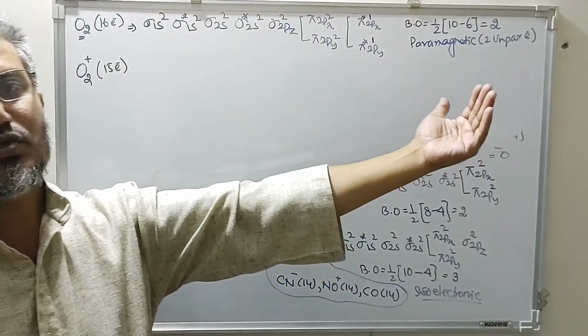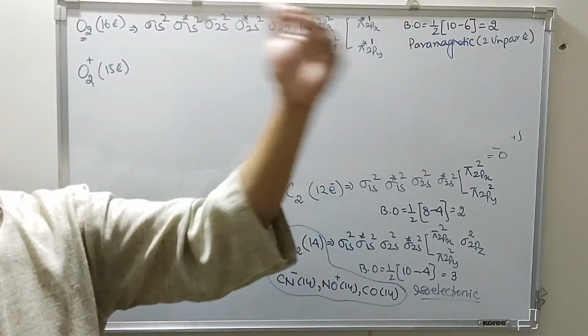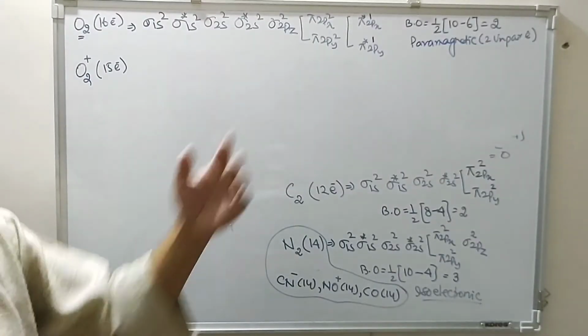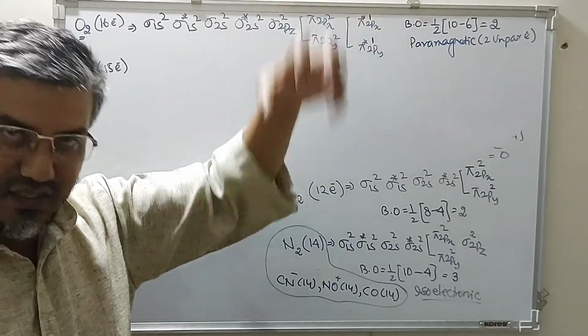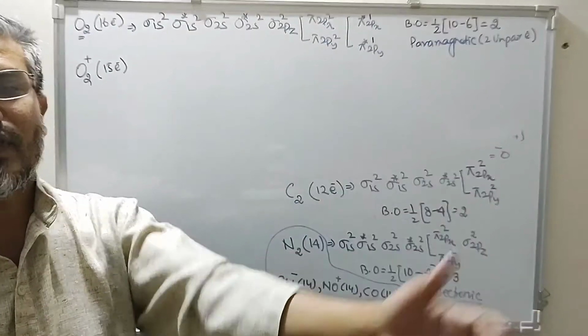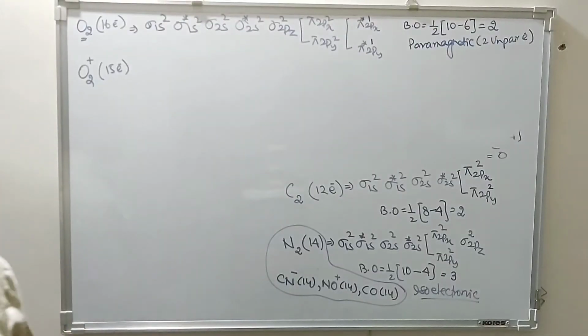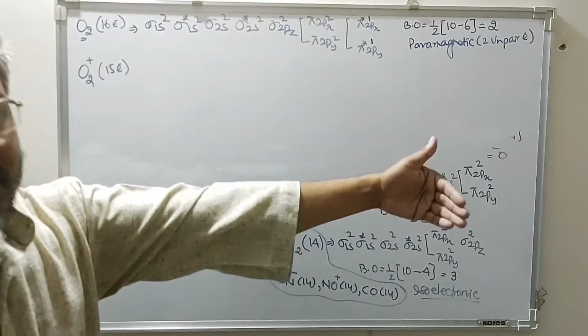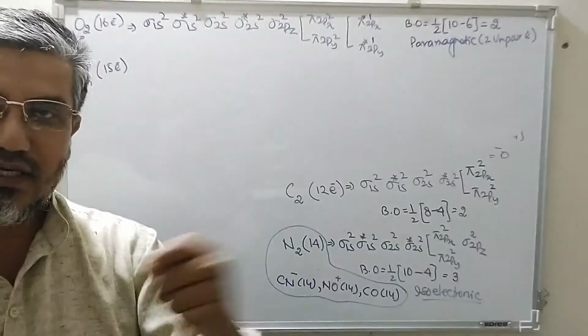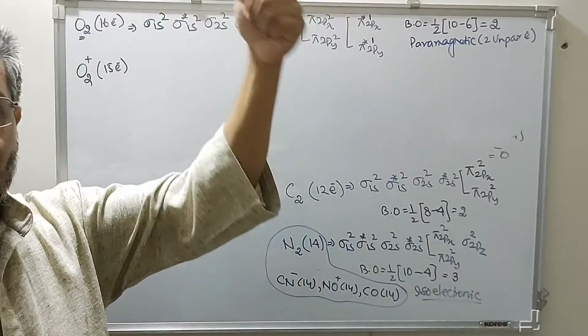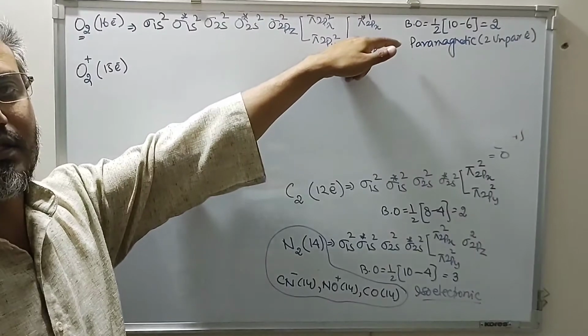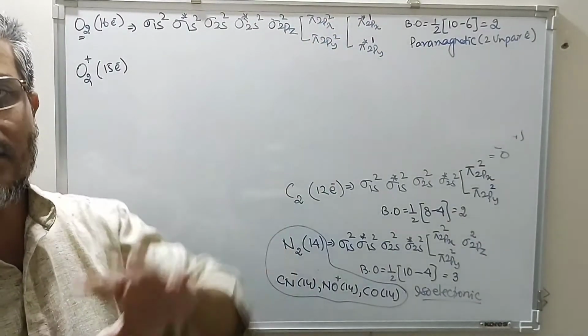If we remove electrons from an anti-bonding orbital, then stability will increase, because we are removing an electron from a higher energy anti-bonding orbital. When we add electrons in bonding, again stability will increase. When we remove an electron from bonding, stability will decrease. When we add electrons in anti-bonding, stability will decrease.